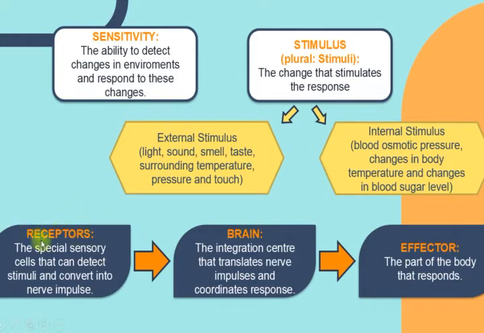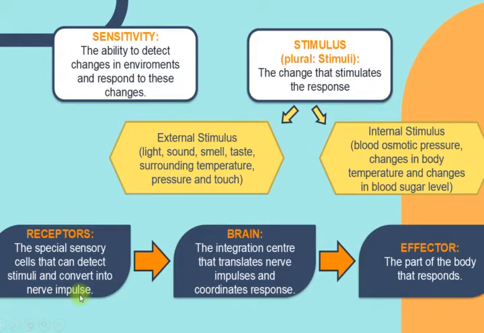What are receptors? Receptors are special sensory cells located on the sensory organ that can detect the stimuli. What is the function of the receptor? It can detect the stimuli and convert them into nerve impulses.